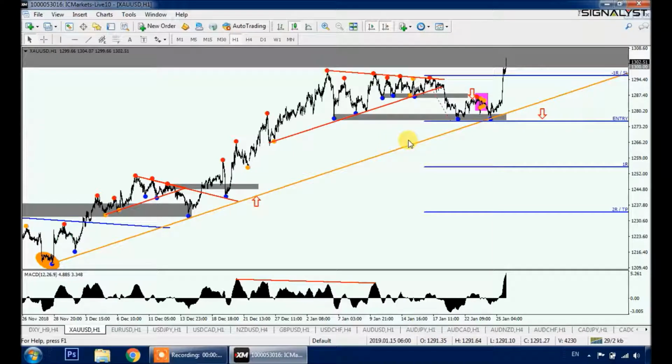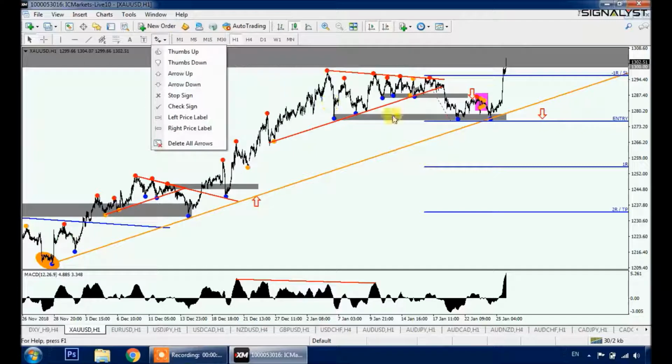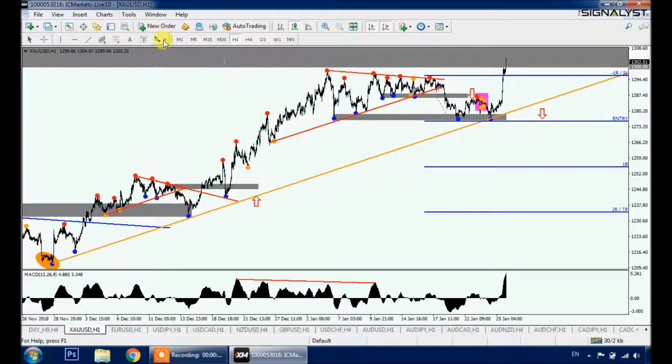So what happened on Friday? The DXY went weak, so it makes sense that gold spiked up. We also had a RTL bomb here. As you can see, this explosive move is after this RTL bomb break.